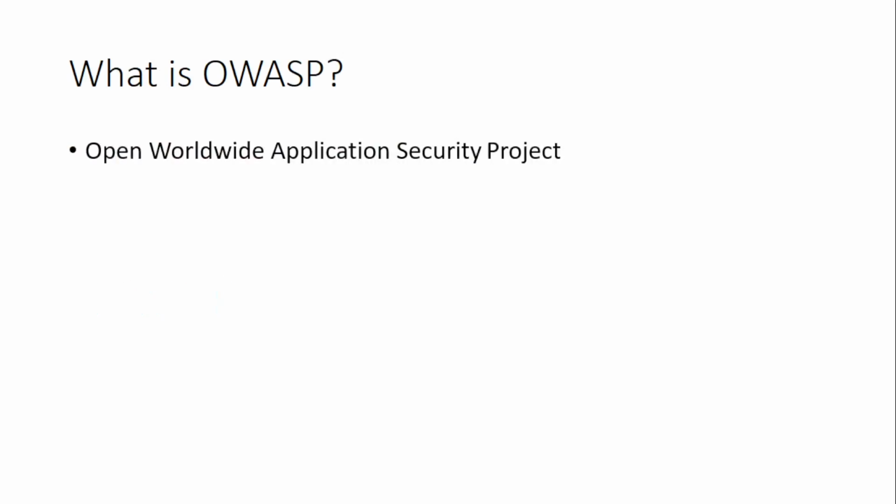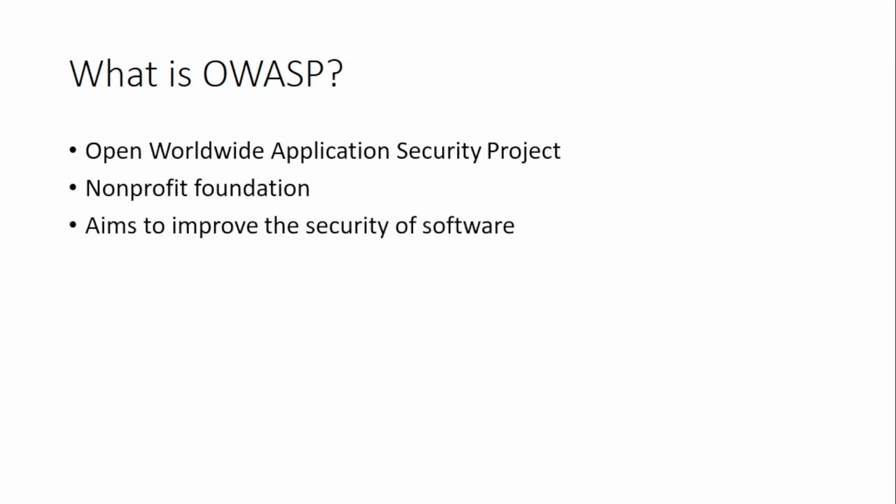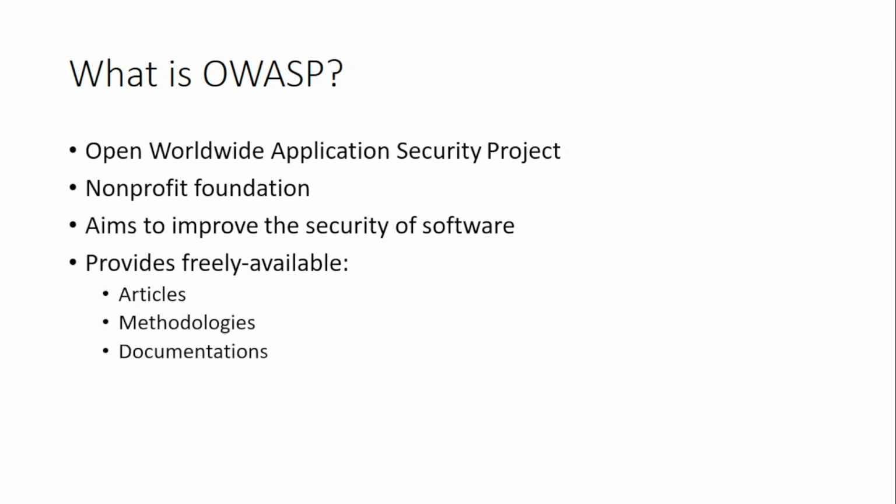OWASP stands for Open Worldwide Application Security Project. It's a non-profit foundation and it aims to improve the security of software, and it provides freely available resources, articles, methodologies, documentation, tools, and so on and so forth.